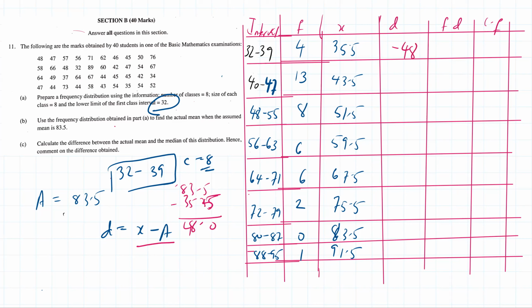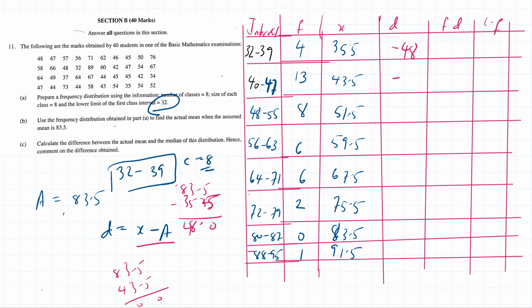Here you find the difference, you are going to get negative. So you have 83.5 and 43.5. You find the difference, negative 40.